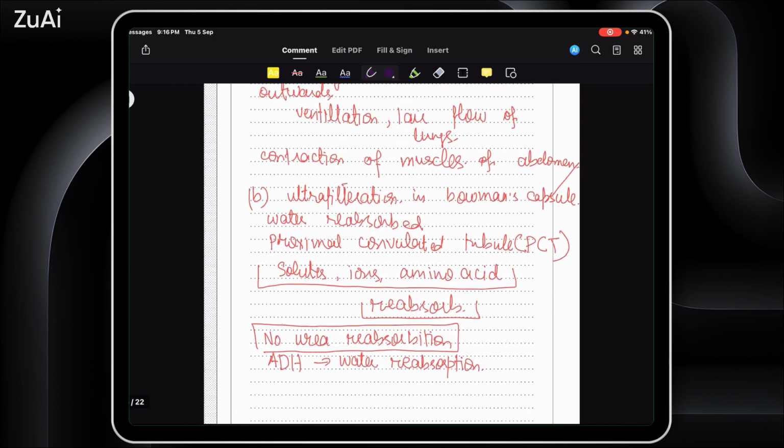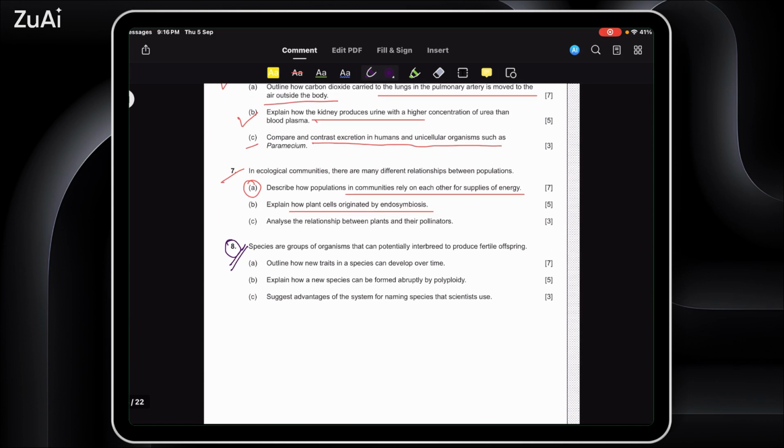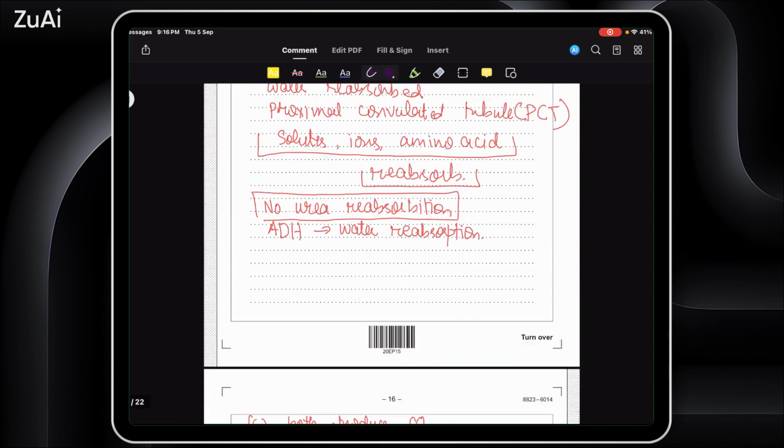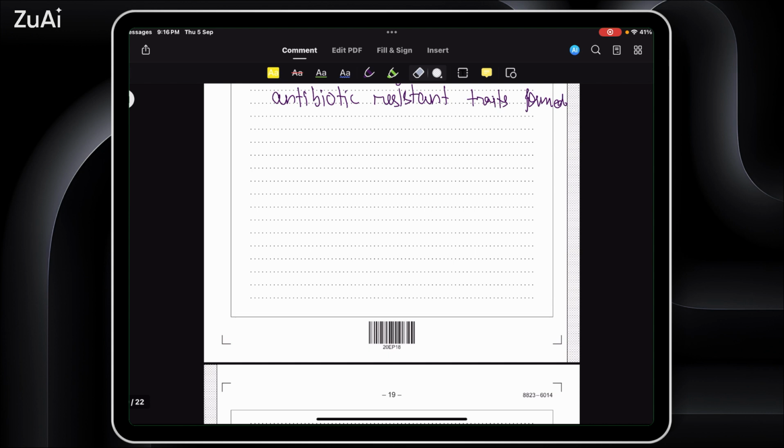Then explain how a new species can form abruptly and by polyploidy. You know, polyploidy is having more than 2 sets of homologous chromosomes.